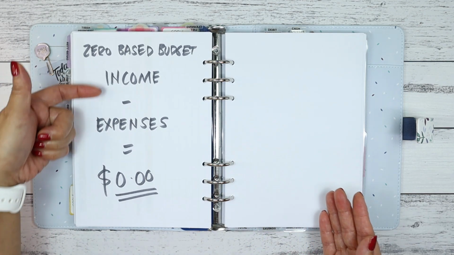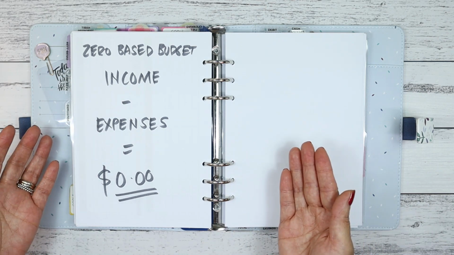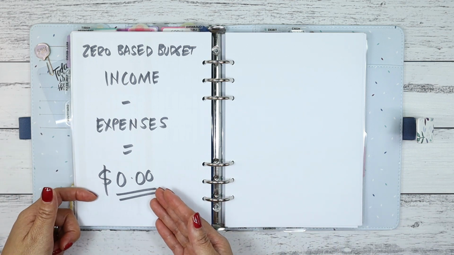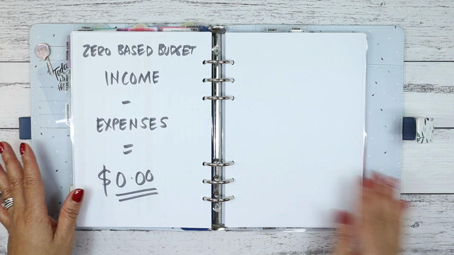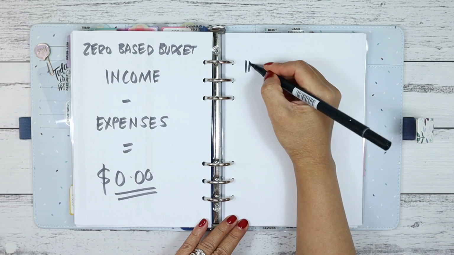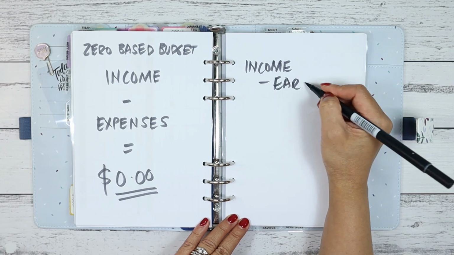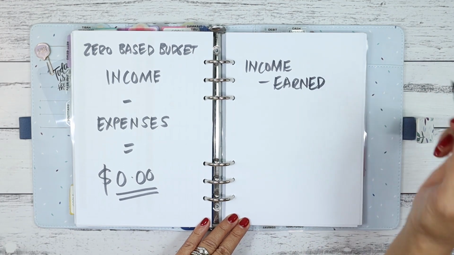So if we look at income minus expenses, you can easily think, do I have to spend every dollar until it gets down to 0? No. What it means is that every dollar that comes in, so income, can include your earned income, so the pay from the job that you're at.